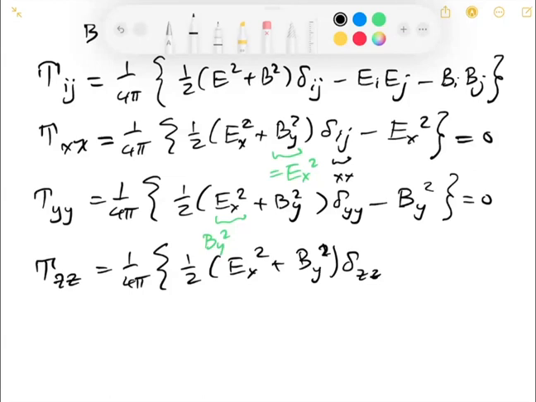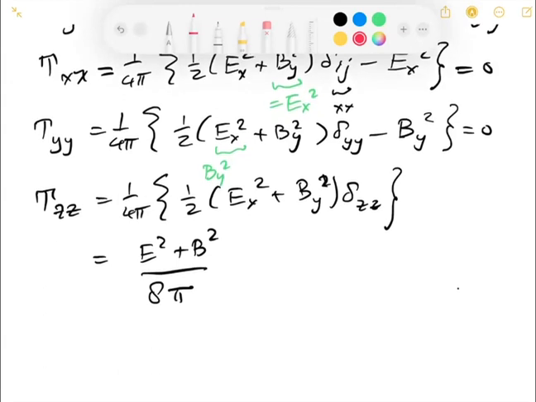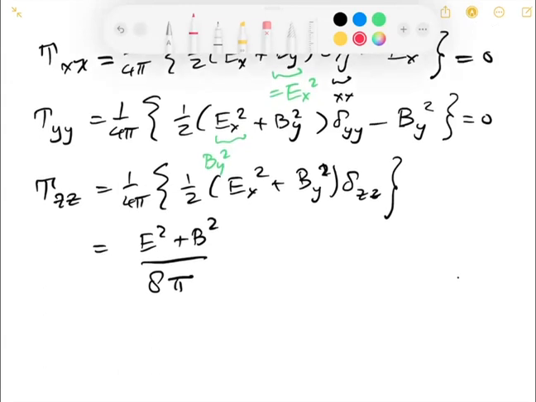Okay, and it has no Ex or By terms here because this is the zz component. Okay, so this thing is simply E squared plus B squared over 8 pi. Okay, so that is the only non-zero part of the Maxwell stress tensor. So that's Tzz for an electromagnetic wave that travels in the z direction.